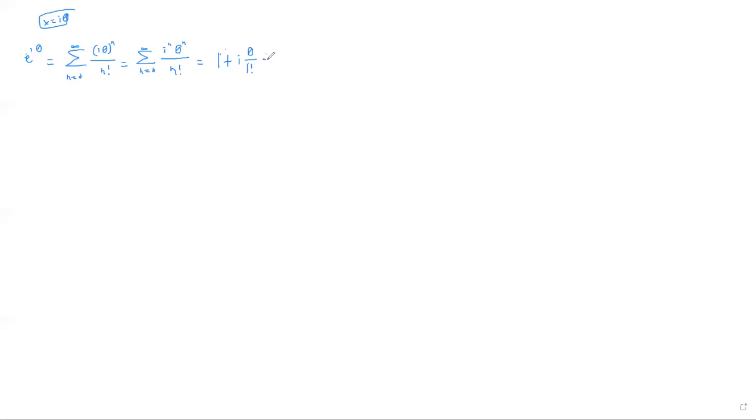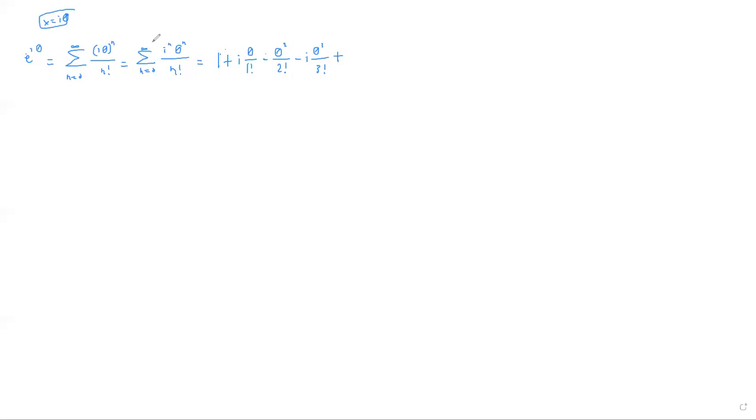Minus, the reason I do a minus is because i squared is equal to -1, and then theta squared all over 2 factorial, because n factorial is 2 factorial. Minus i, because i cubed is i squared times i, which is -i, so -i theta cubed over 3 factorial, plus i to the power of 4.